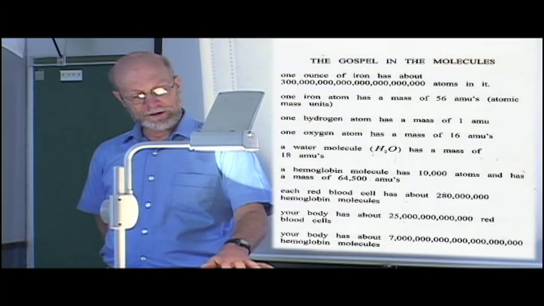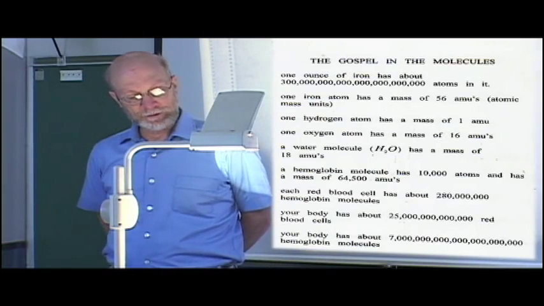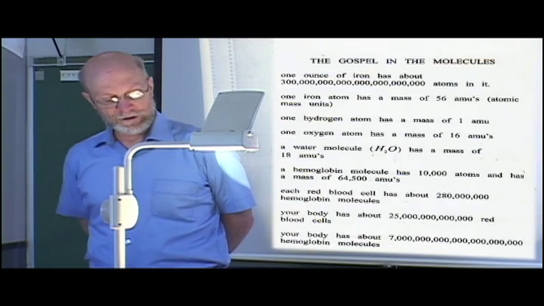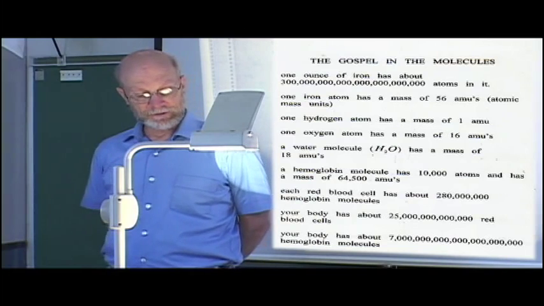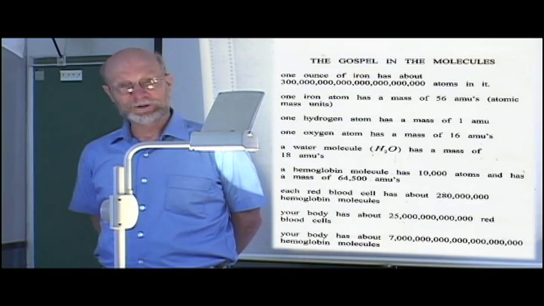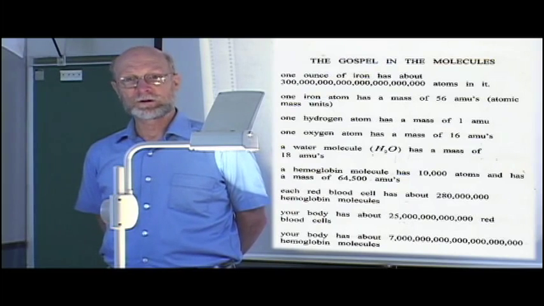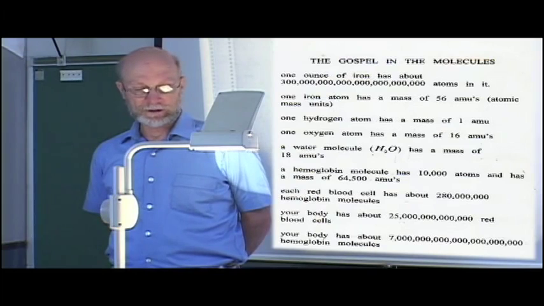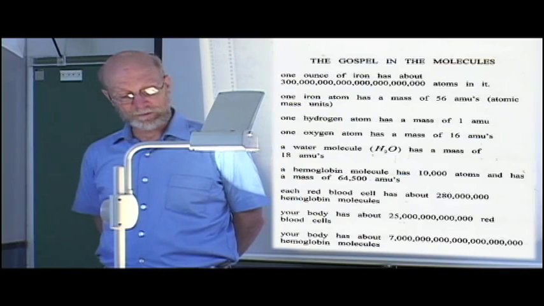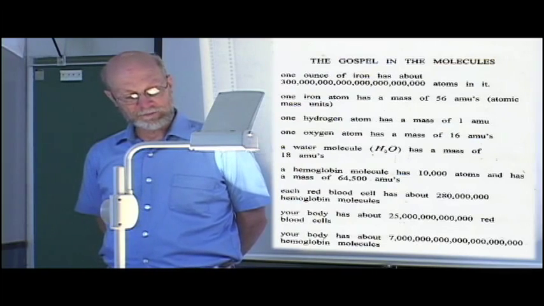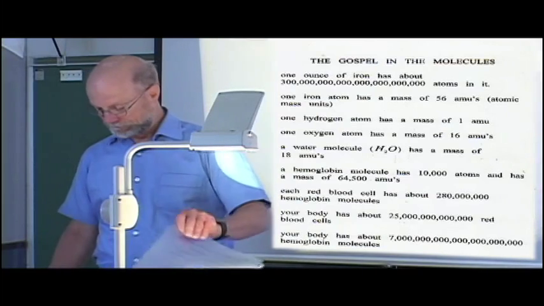So multiply that out, and how many hemoglobin molecules would be in your body? 280 million times 25 trillion, 7 followed by a whole lot of zeros, hemoglobin molecules in your body. So even though they're so huge compared to an oxygen atom or hydrogen atom, they're extremely, extremely tiny molecules. Let's look at them some more.